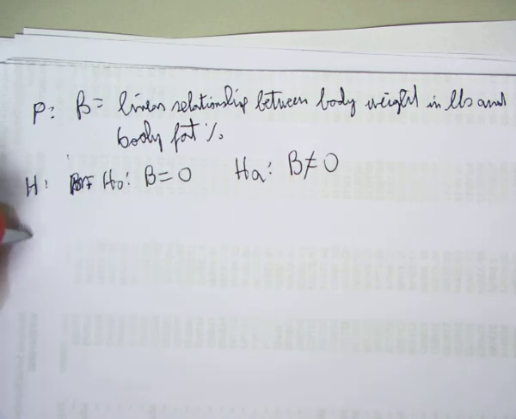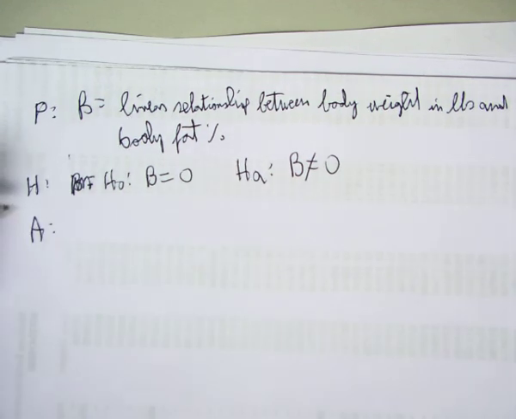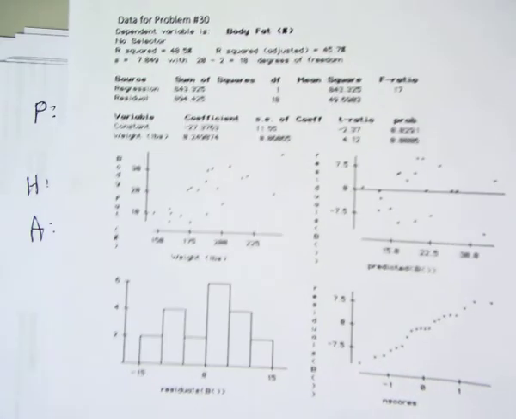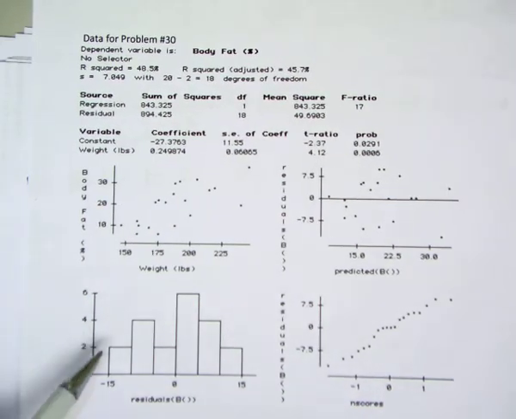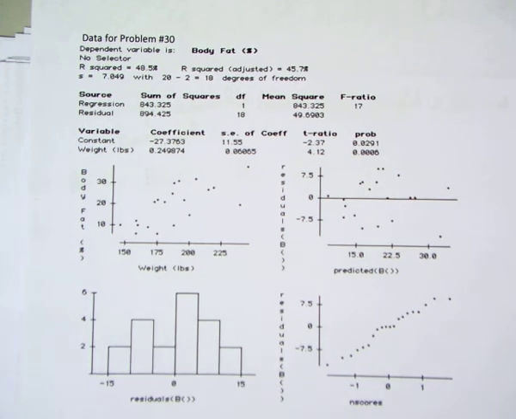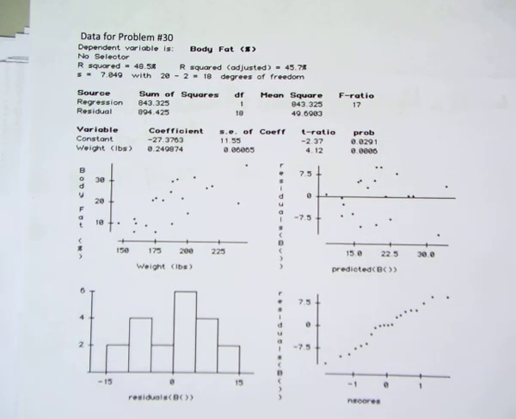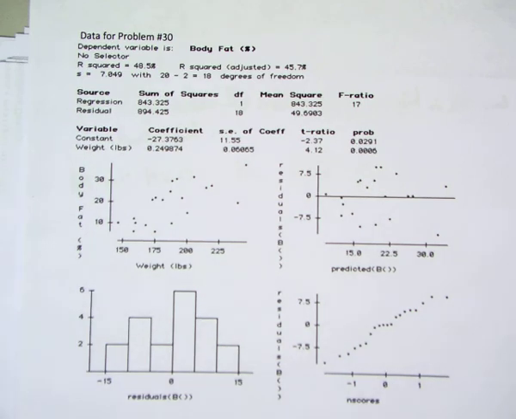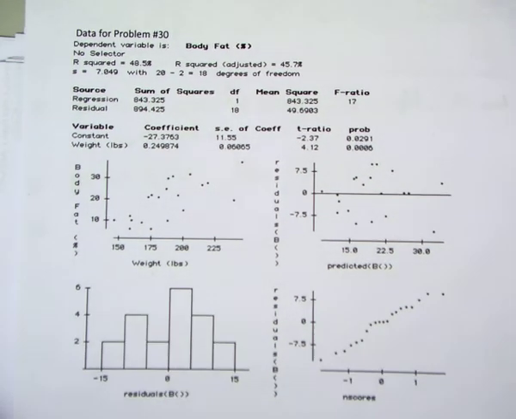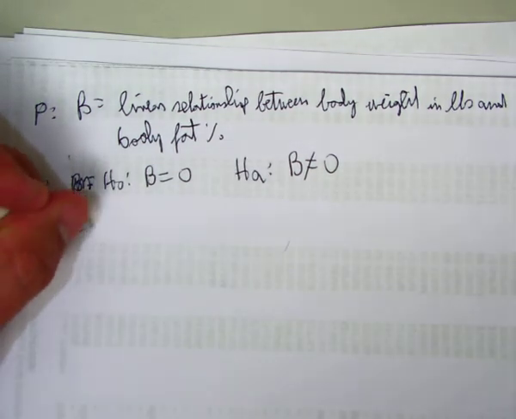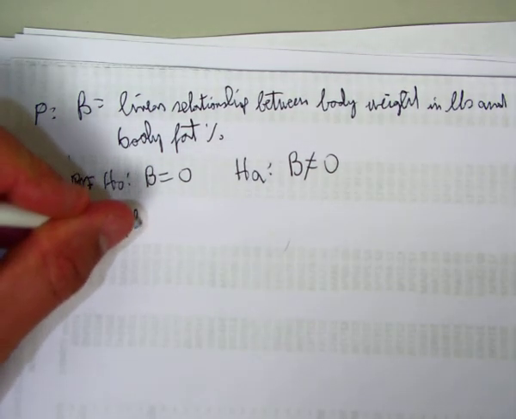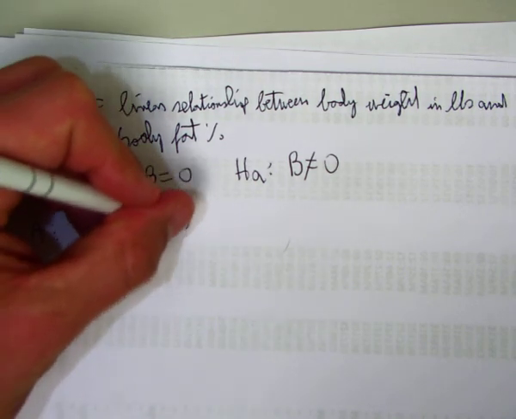Okay, so the assumptions. Our scatter plot is definitely straight enough. Our residual plot does not show a pattern. Our histogram is roughly unimodal and symmetric, and each person's body fat and weight are independent. So we're going to list those down. The scatter plot is straight enough.